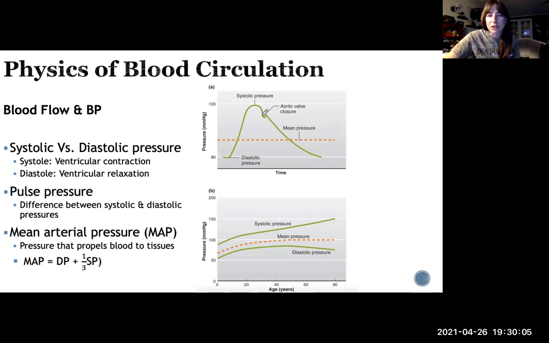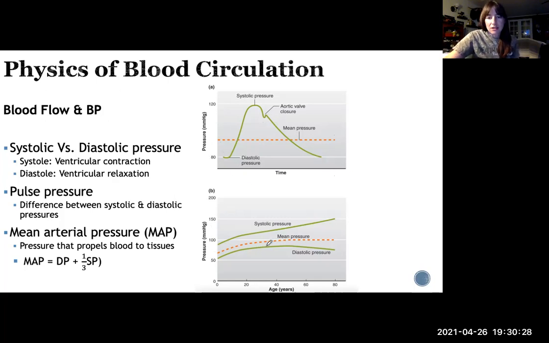A little dip here when your aortic valve closes. The mean pressure is maintained. So that mean arterial pressure is the same across time during a heartbeat of blood pressure reaching systole and then diastole. The mean stays the same.